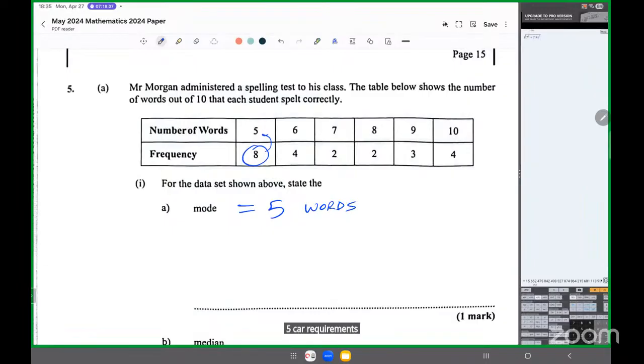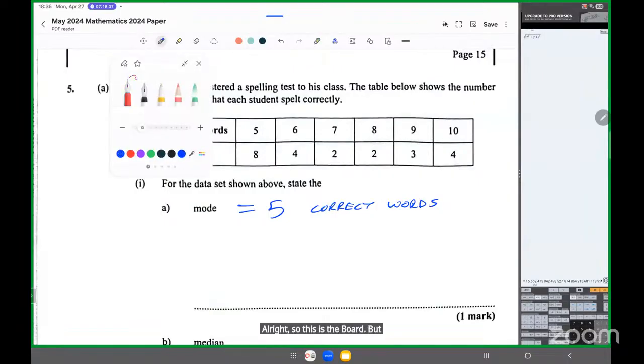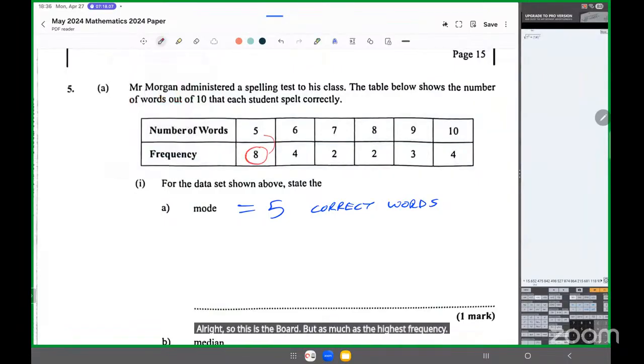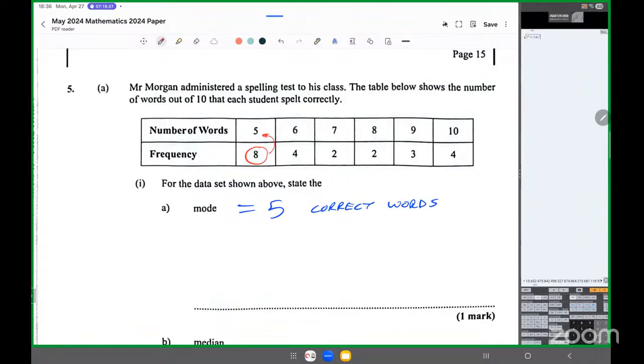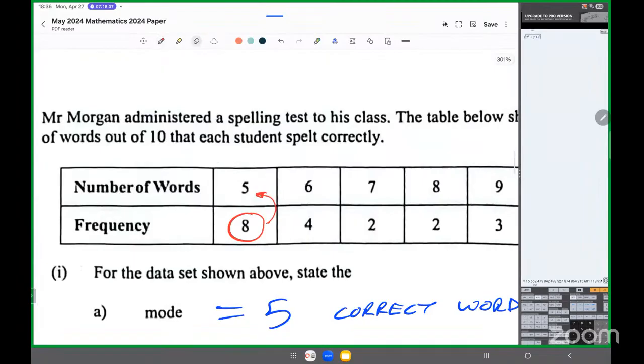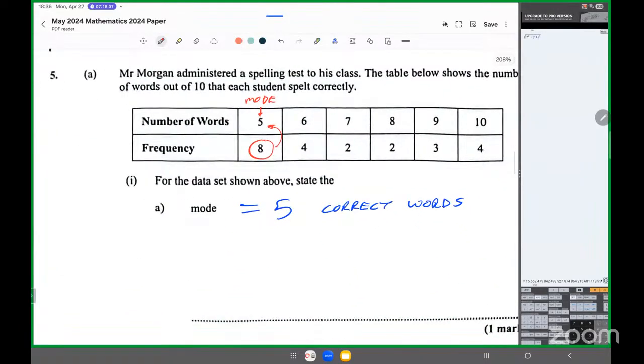The table below shows the number of words out of 10 that each student got correct. So it's 5 correct words. The mode is 5 correct words. All right. So this is the mode, the score that matches the highest frequency. The mode is 5, highest frequency.